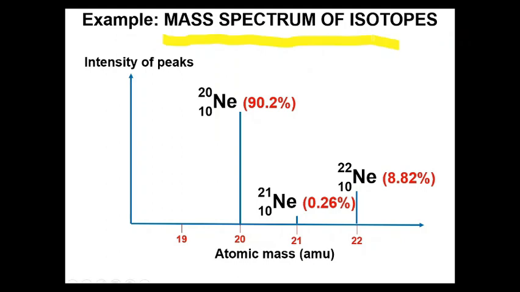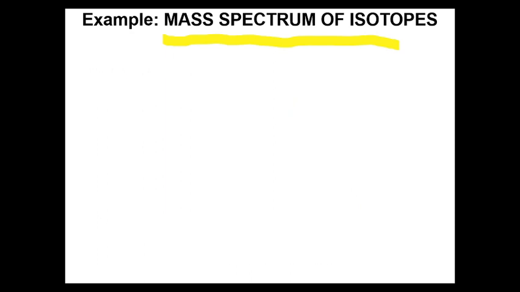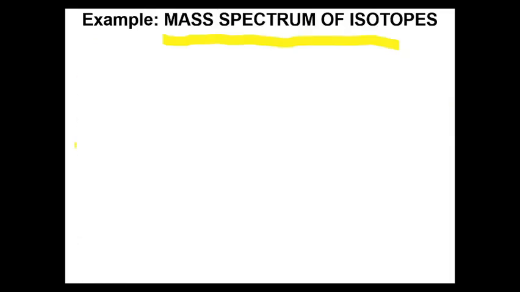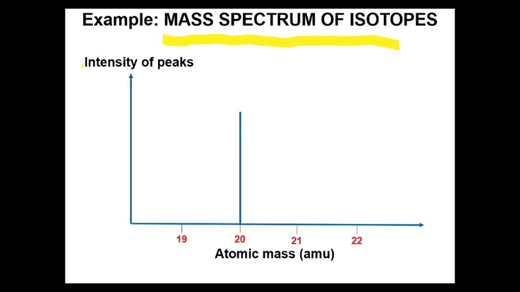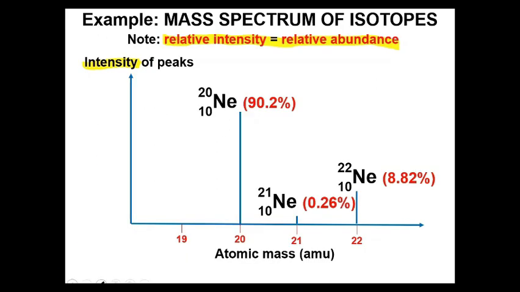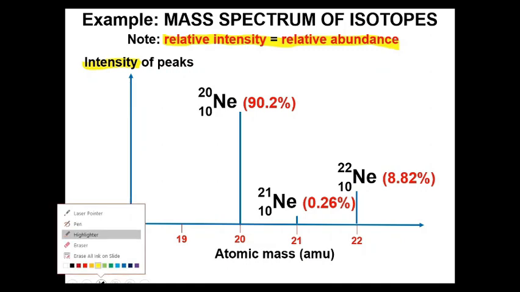Because for the first example, the y-axis is relative abundance, which is the same as intensity. So I want you to write the isotopic notation for all isotopes of neon right now.